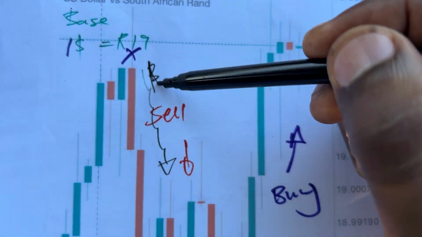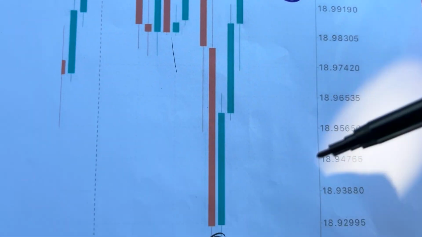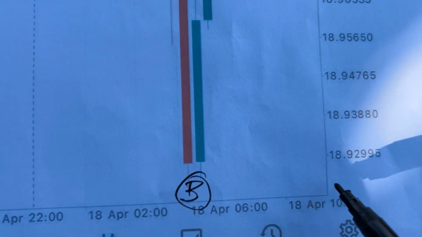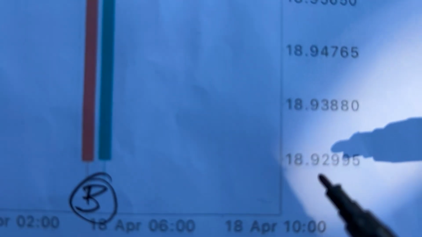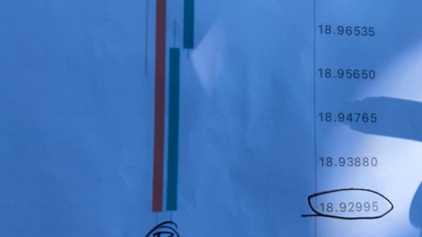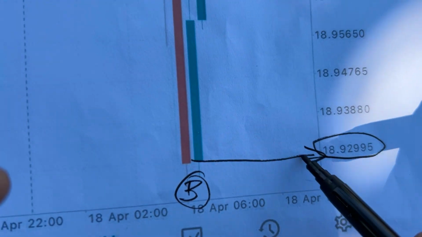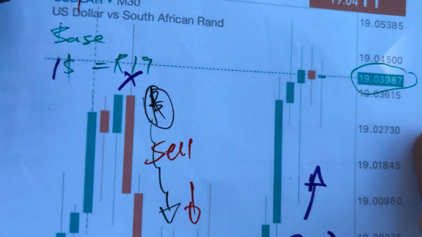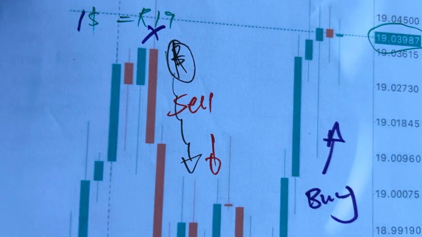Let's call this point A and this point B. We moved from 19 to, let's say, 18. We're at 19, from 19 to 18.